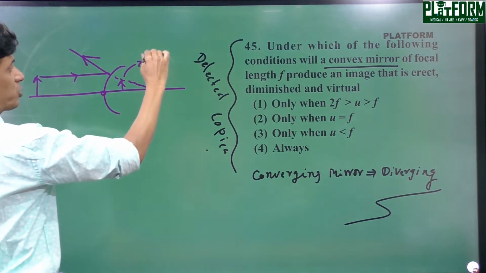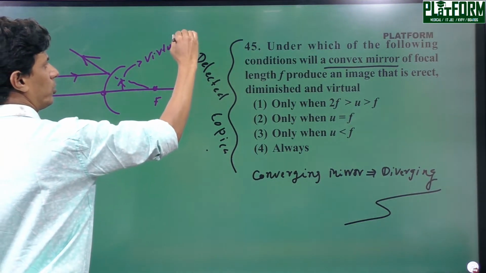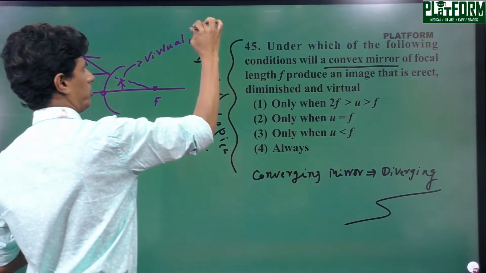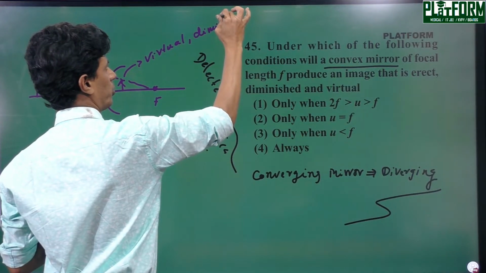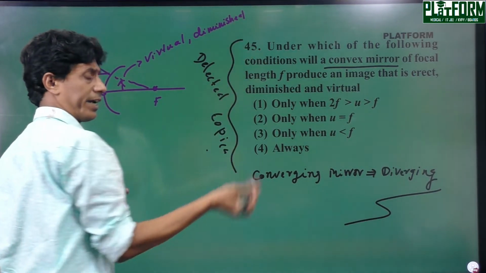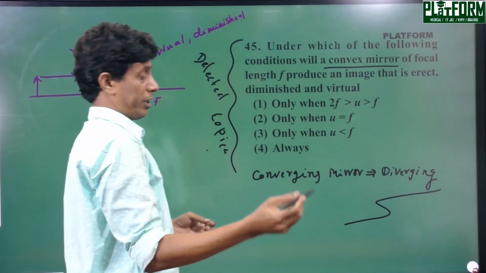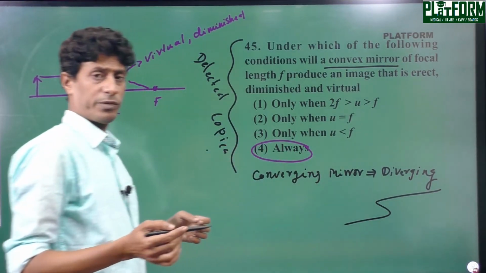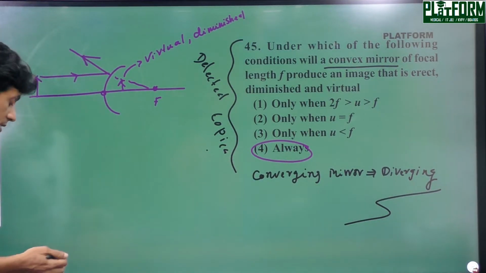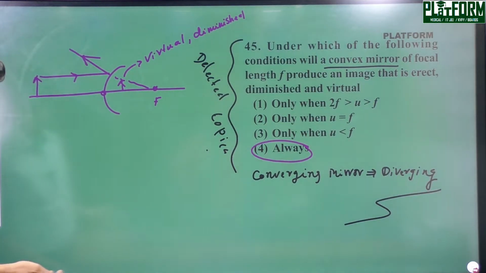It is virtual, diminished and erect. The correct option here is 4. It is based on concept, no calculation is required here.